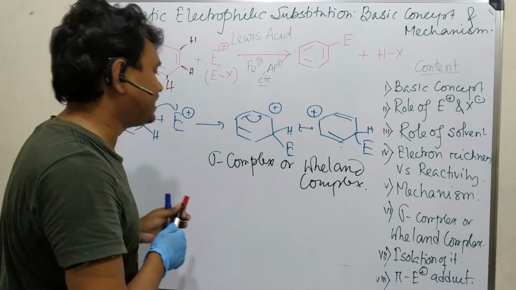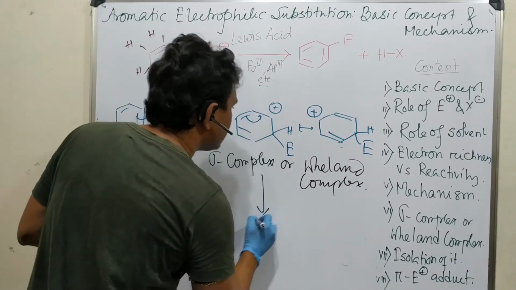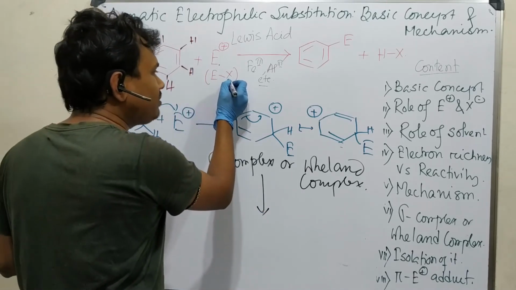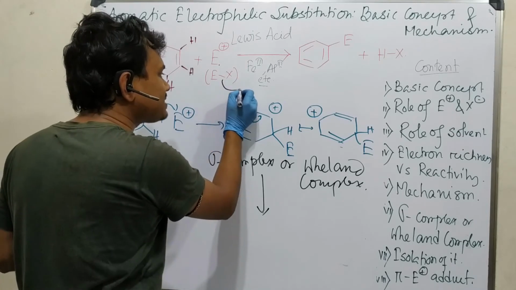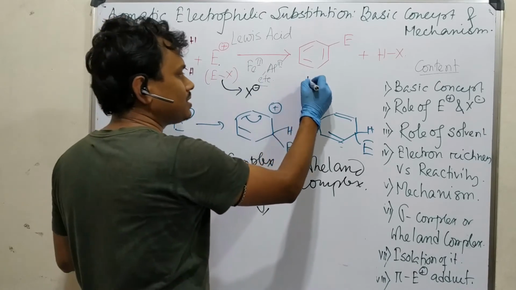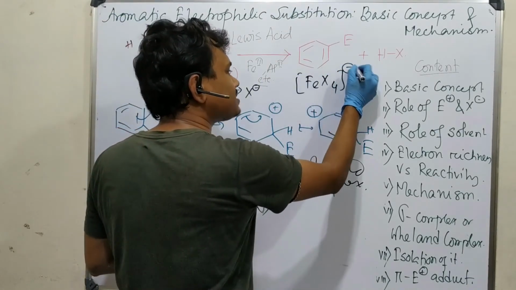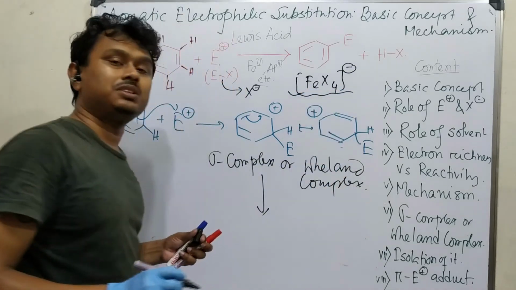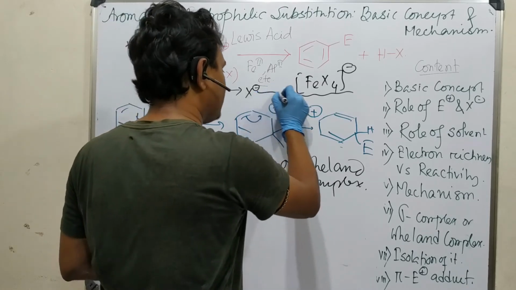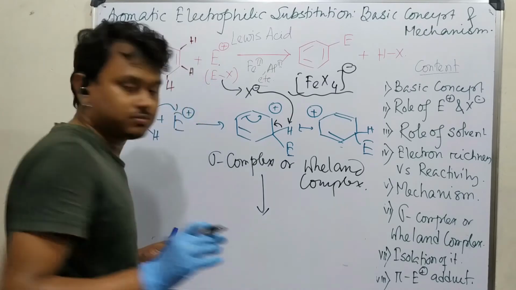What happens in the next step? In the next step, aromaticity is regained. How? We have given E, so there is some X minus, which is stabilized with this, but it doesn't mean it is completely stabilized, because it forms a charged species. So in this situation, the X minus reacts and abstracts this H. So what does it produce?